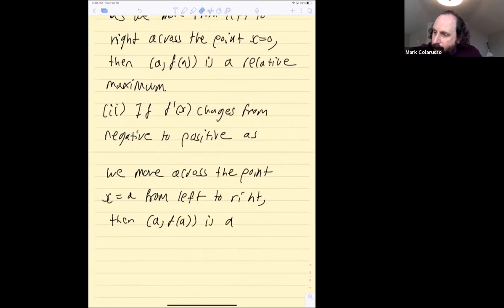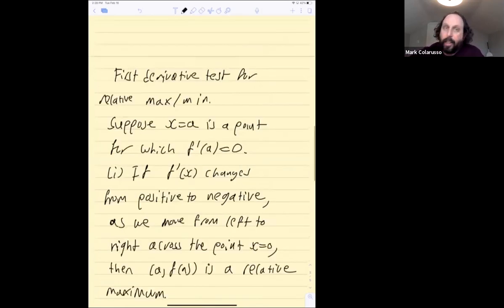I just want to keep using that word local. Okay, so that was exactly this second picture.